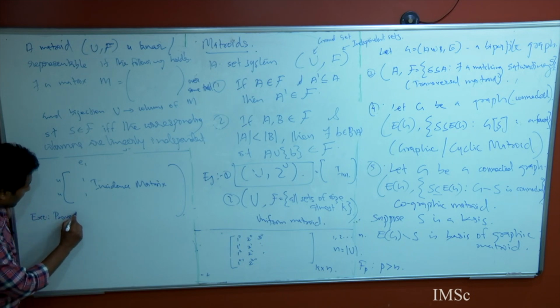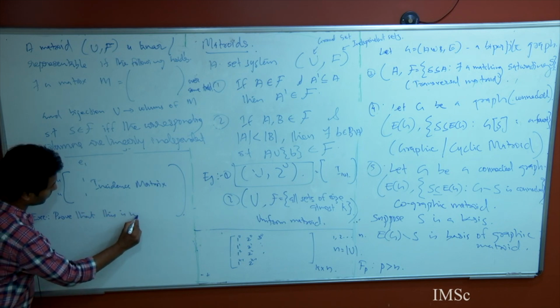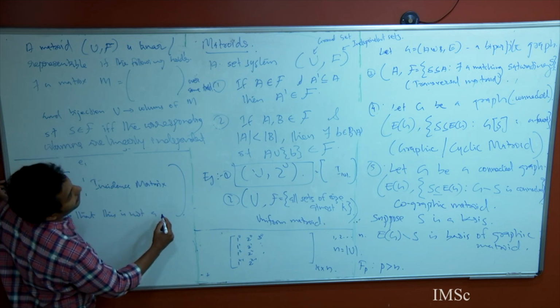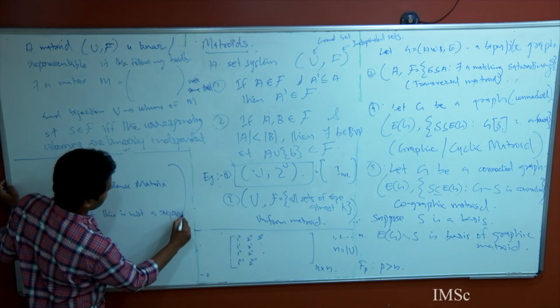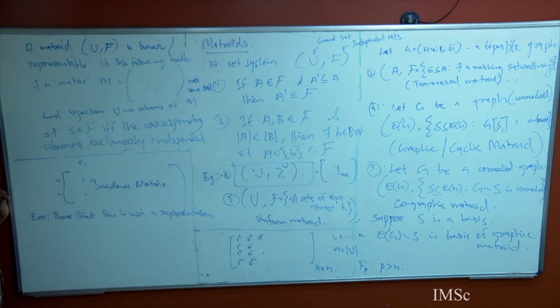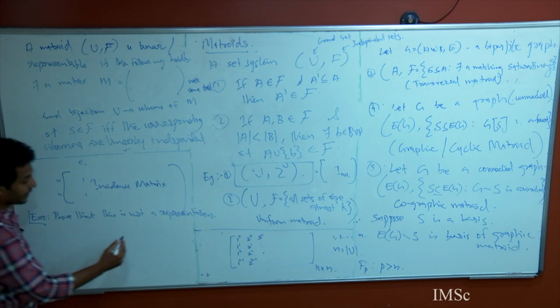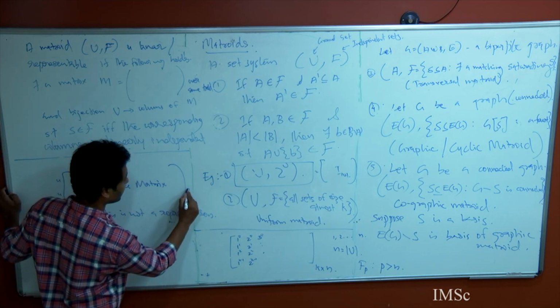Prove that this is not a representation, where this matrix is over reals.